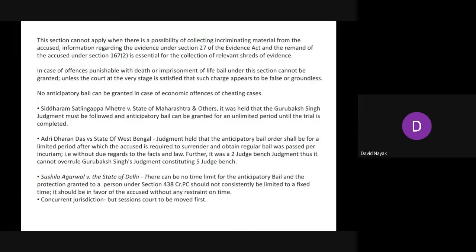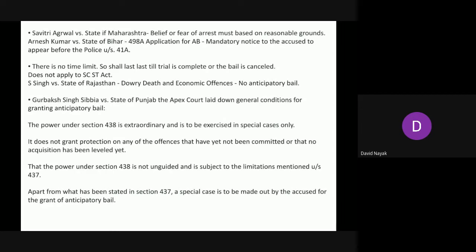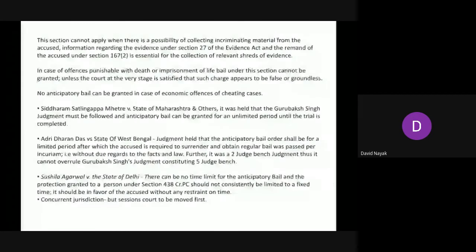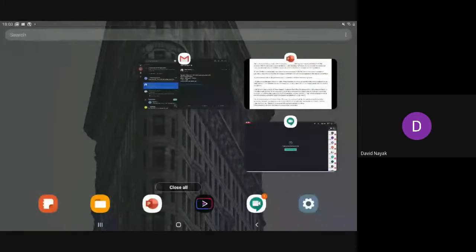And though in Adri Dharan Das versus State of West Bengal it was held that the accused is required to surrender and obtain a regular bail, still Siddharam Satlingappa Mhetre versus State of Maharashtra and Gurbaksh Singh Sibbia versus State of Punjab, being a 5-judge judgment, actually override that, and thus the bail granted under 438 is believed to have been granted for an unlimited period of time until the trial is actually over. Okay. Thank you, sir.